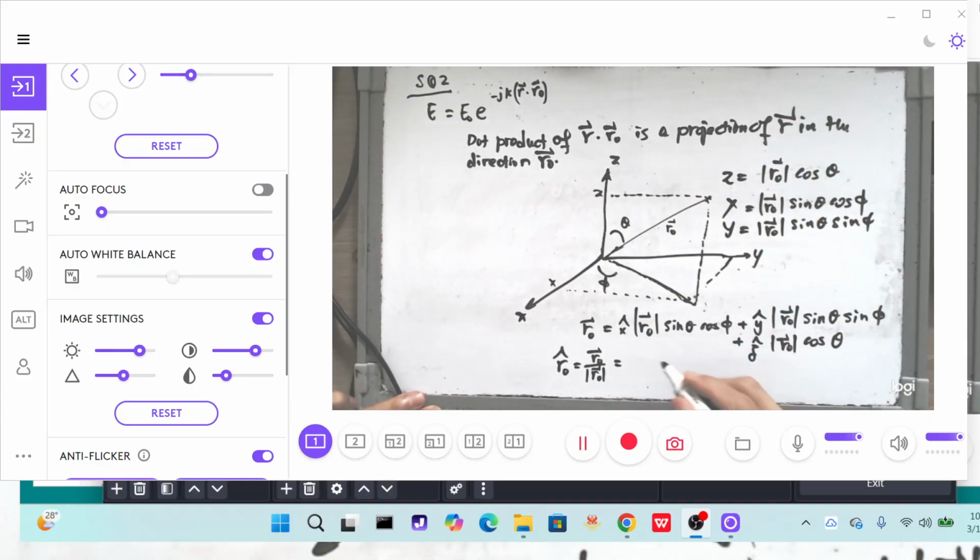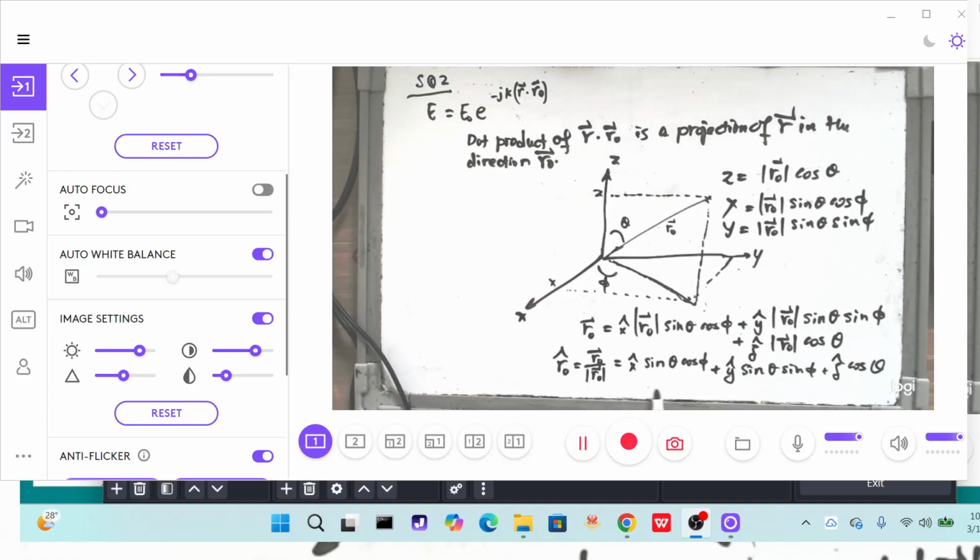If you derive everything, we get this. So if you want to know the unit vector in the direction of propagation, we can write it in this manner.